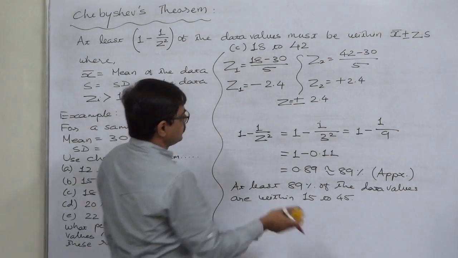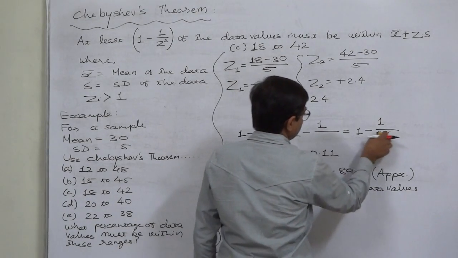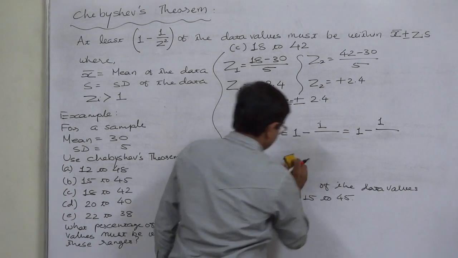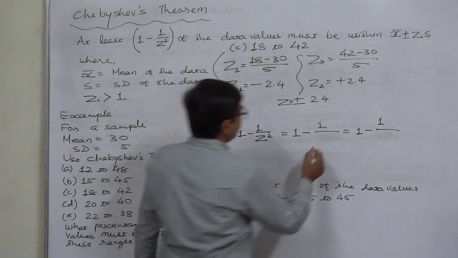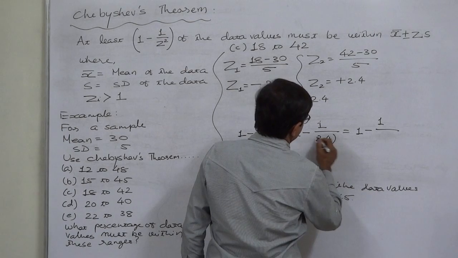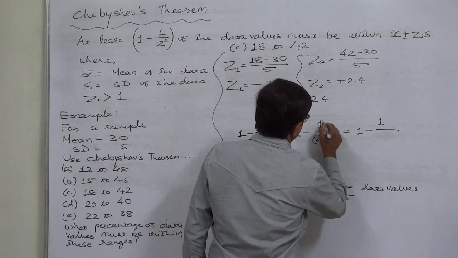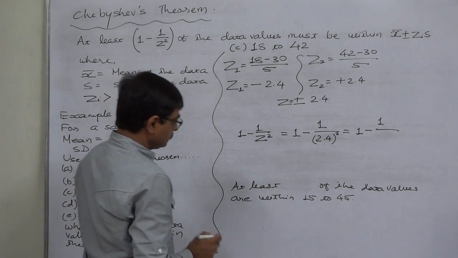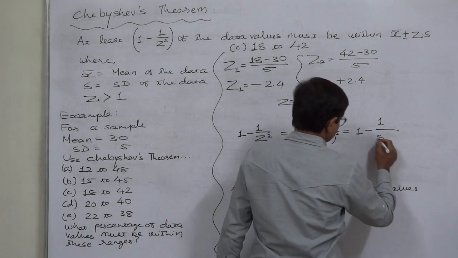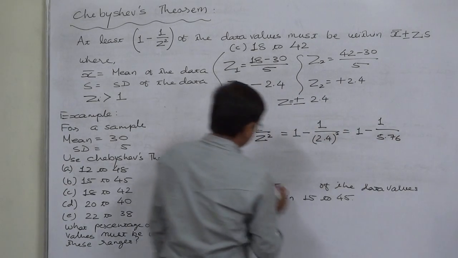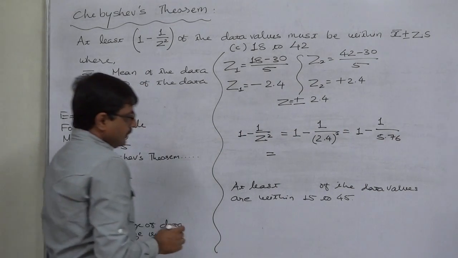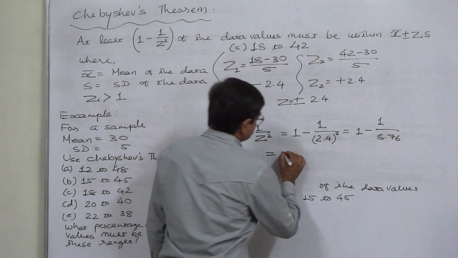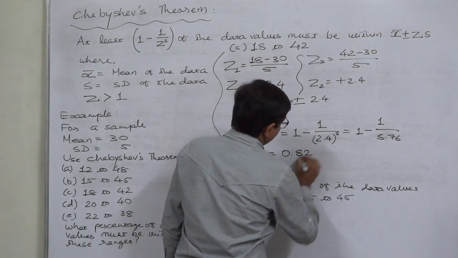Let us substitute 2.4 in the formula. What is the value of 2.4 square? 5.76. Now we can have the value 0.82 approximately.